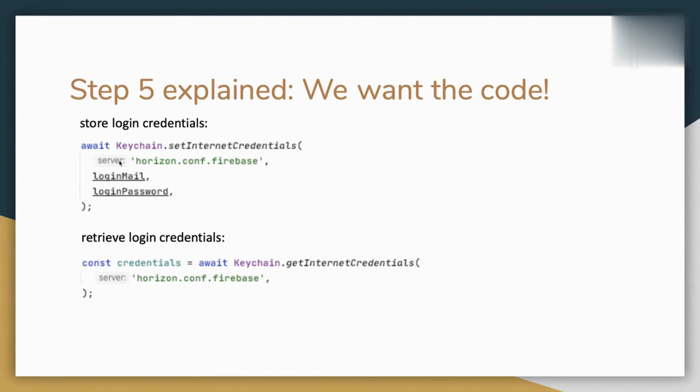I give my server some name, and then I put in the login mail and the login password here. And I can retrieve this data again in the same easy way. So I just use the get internet credential function of the keychain library. I just tell that function the name of the server I used here, and it gives me the login mail and the login password.